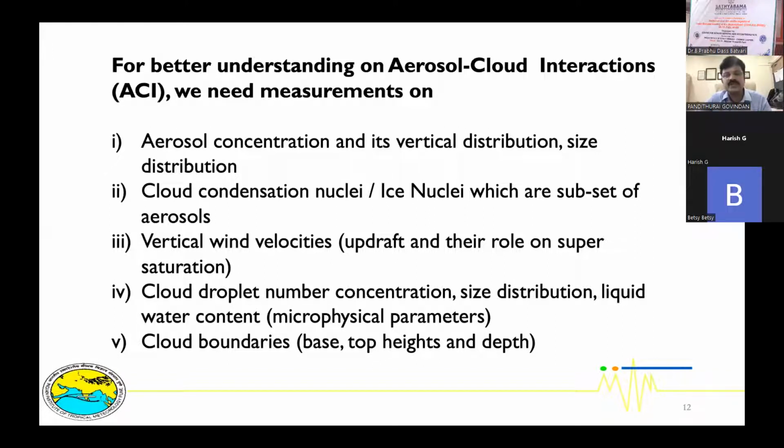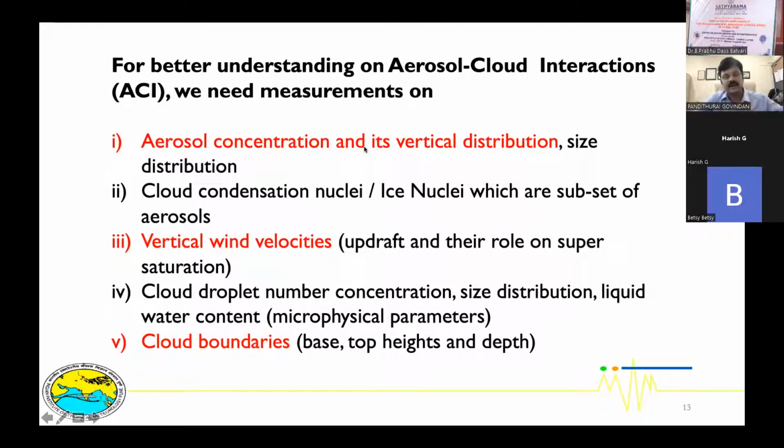Whereas the macrophysics of clouds are cloud boundaries, like base height, top height, and the cloud depth. And the integrated liquid water content is called liquid water path. So these are some of the macrophysical parameters. Out of these, LIDAR can play a role in these parameters.